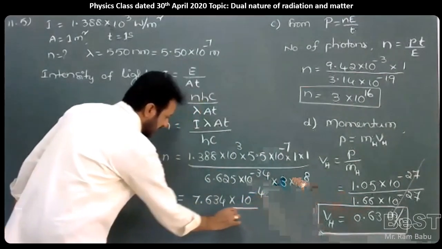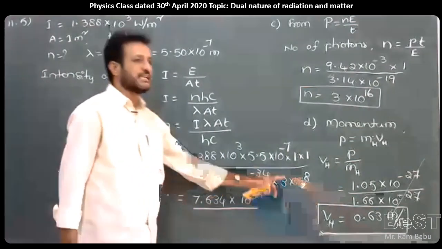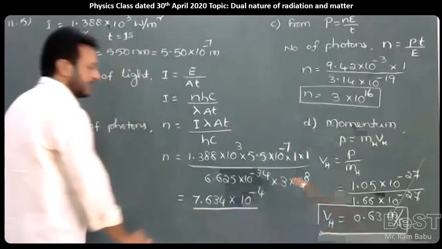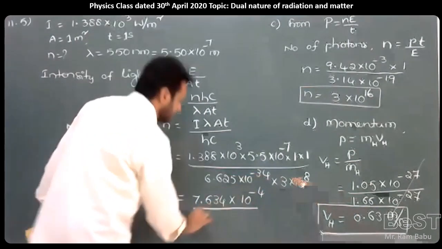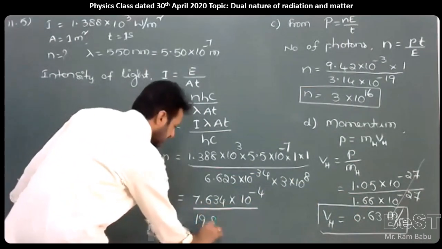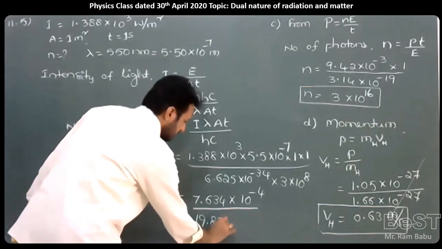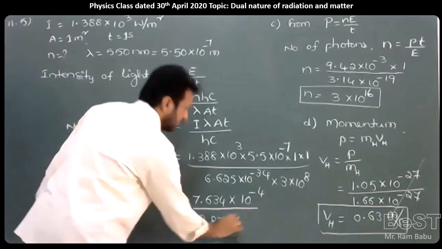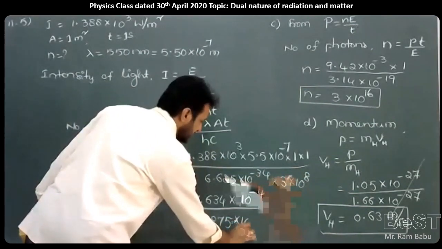Divided by, and multiply the denominator value, 6.625 into 3, is 19.875.